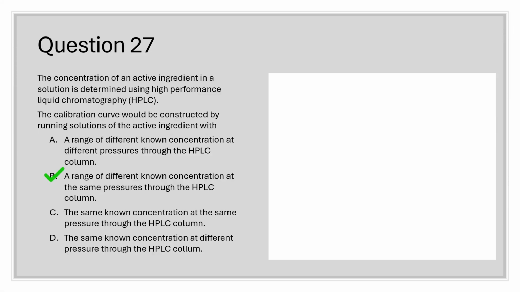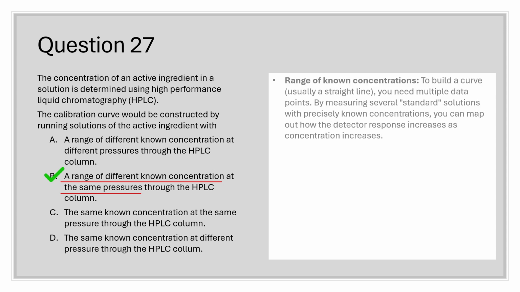A range of different known concentrations at the same pressure through the HPLC column. To build a curve, usually a straight line, you need multiple data points. By measuring several standard solutions with precisely known concentrations, you can map out how the detector response increases as concentration increases.